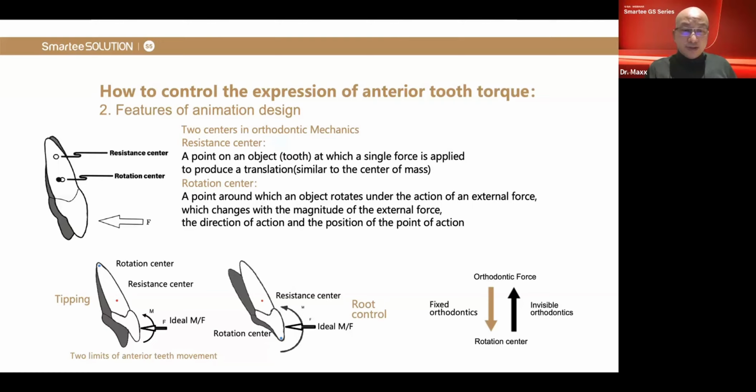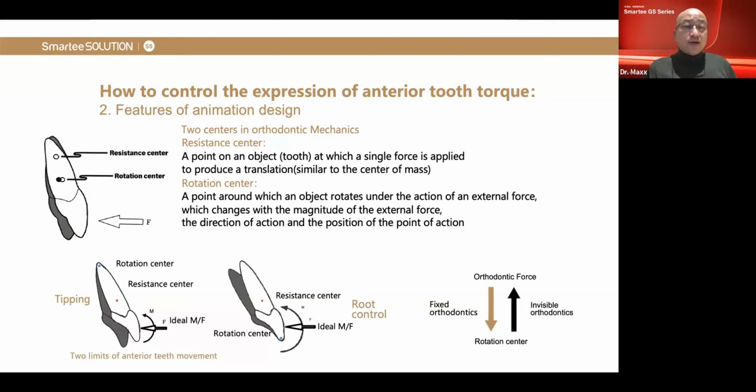That's resistance center. And another center is rotation center. What is rotation center? It's a point around which an object rotates under the action of an external force, which changes with 3 factors: the magnitude of the external force, the direction of the action, and the position of the point of action.